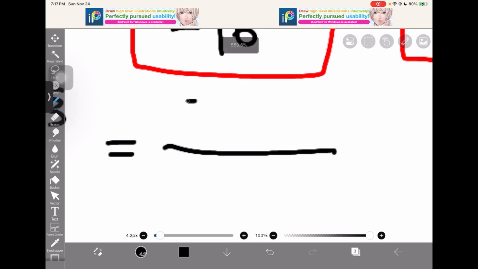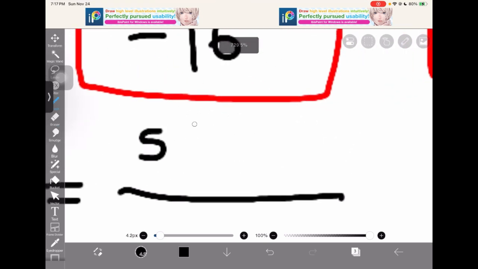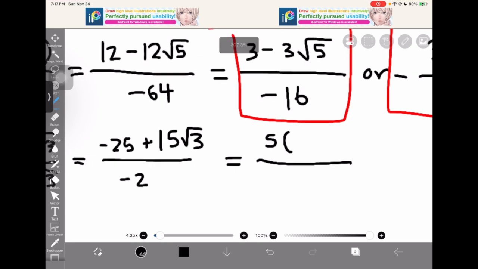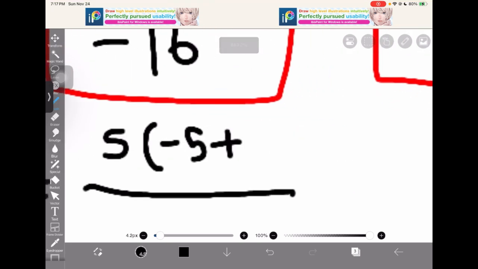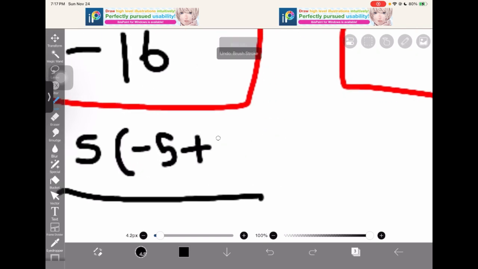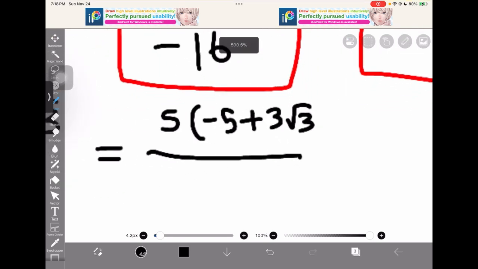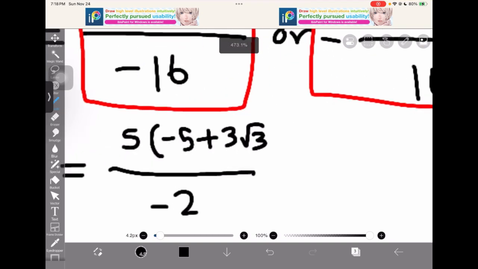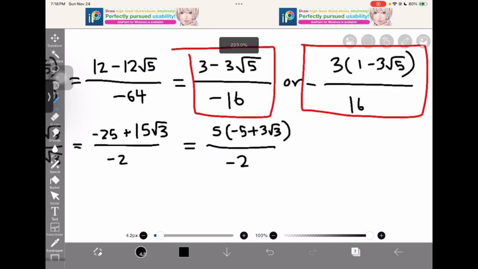It can become 5 in parentheses, negative 5 plus 3 square root of 3, over negative 2. Yeah, that's the correct answer.